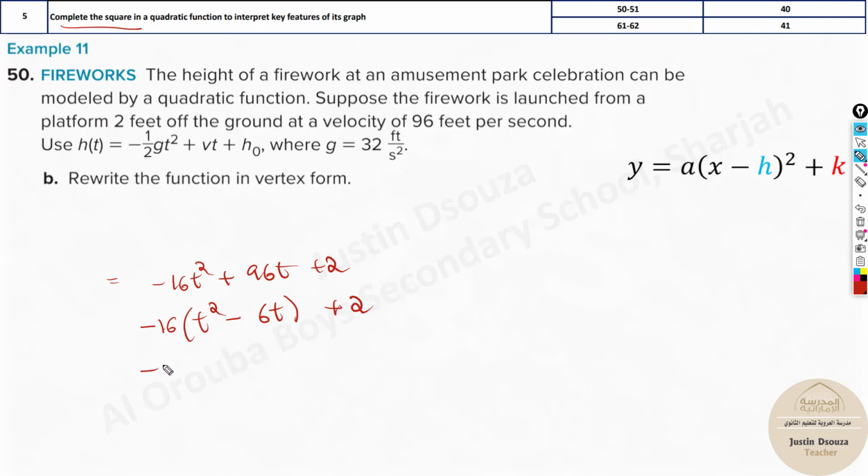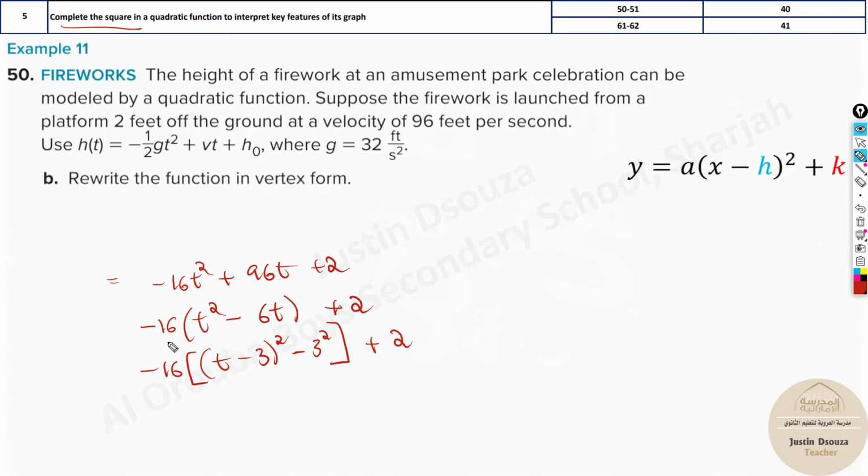Now I'll complete the square, minus 16, and over here I'll be completing the square: t minus 3, the whole square. Why? The square we write only t, half of 6 is 3, the whole square, and don't forget minus whatever is this term, 3 the whole square, plus 2 is outside.